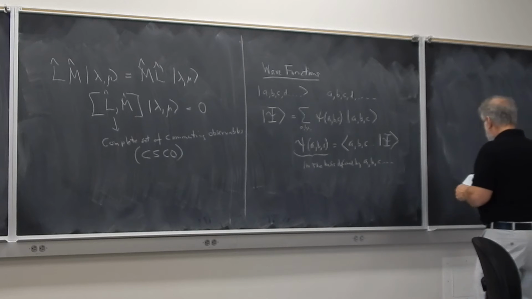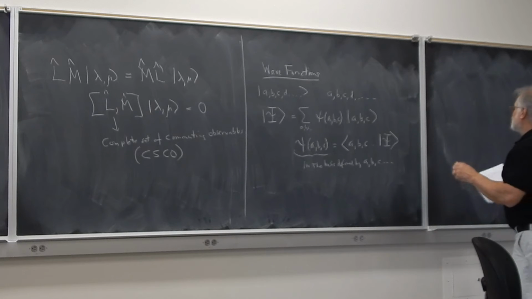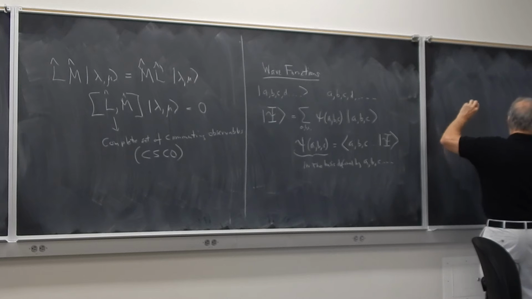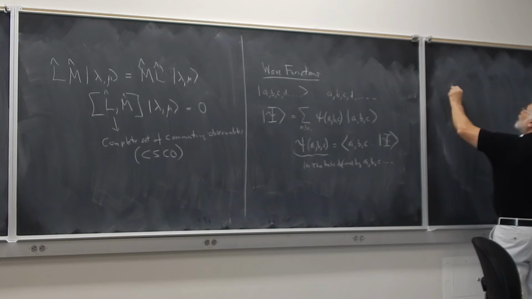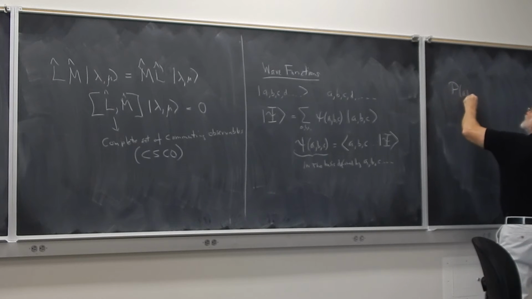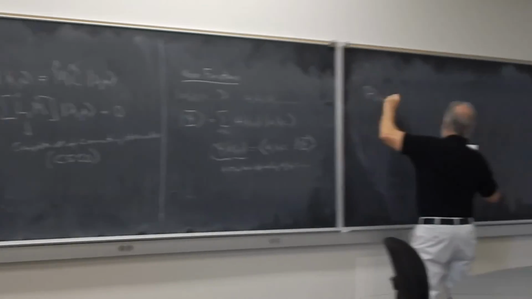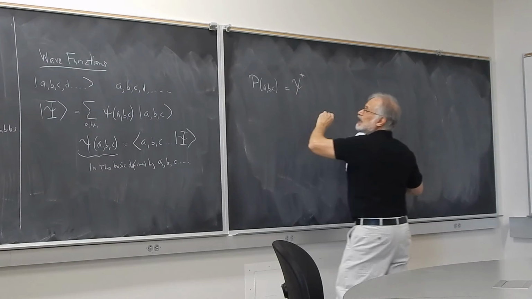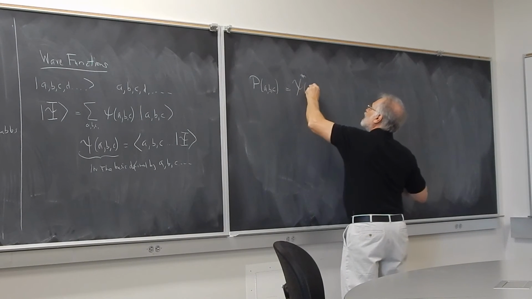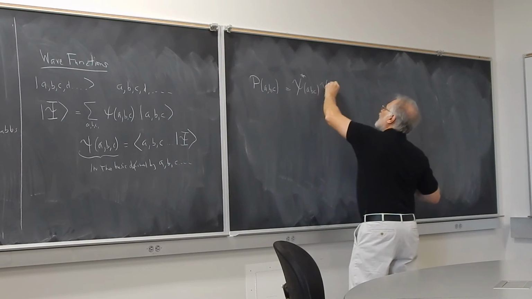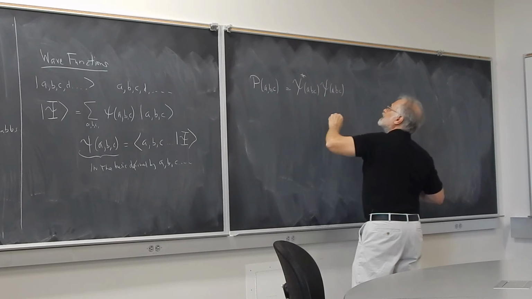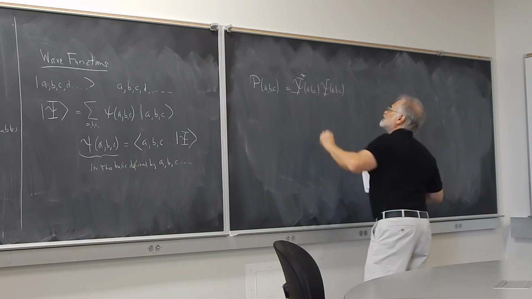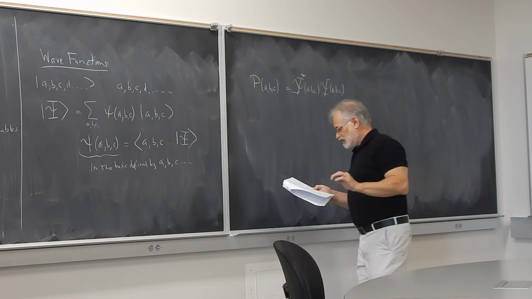You probably remember this expression from modern physics: I can write the probability of the particle being in, let's say, state ABC as psi star of ABC times psi of ABC. I should probably use capital letters since I've been using capital letters all along.